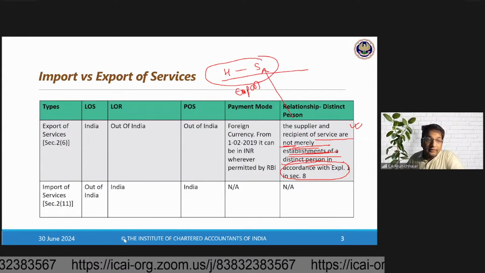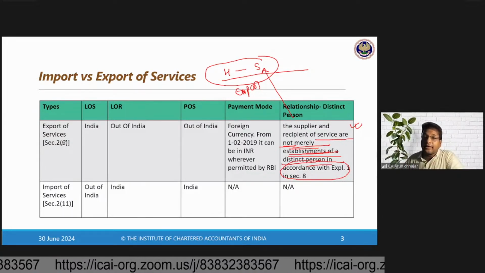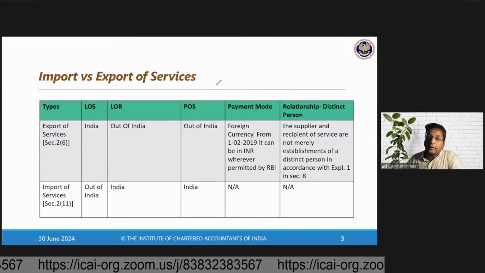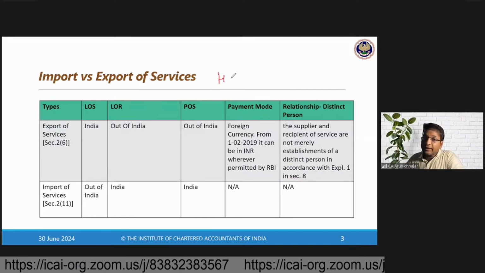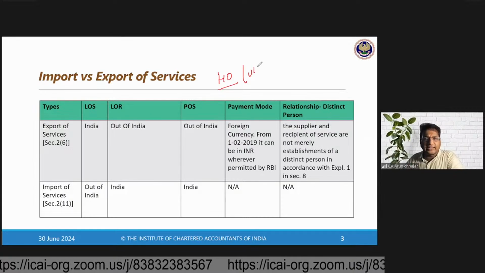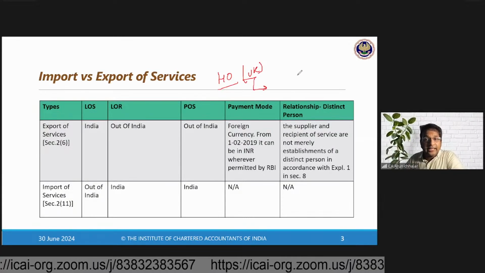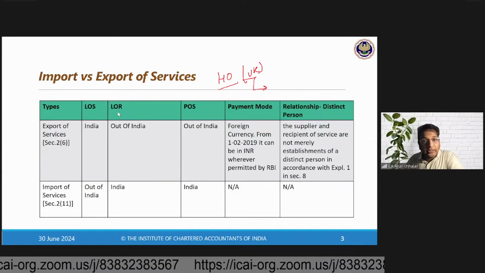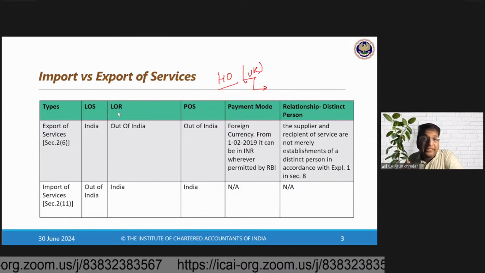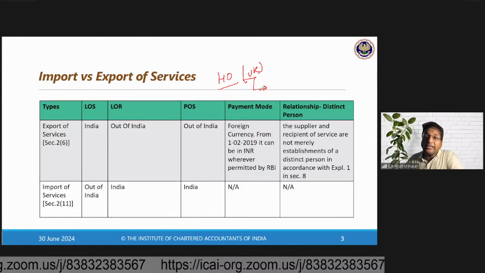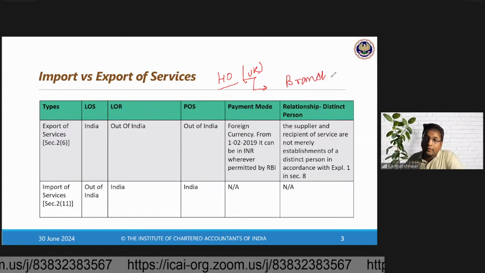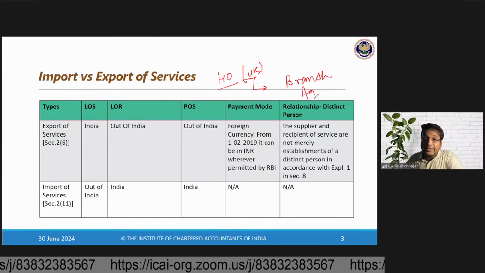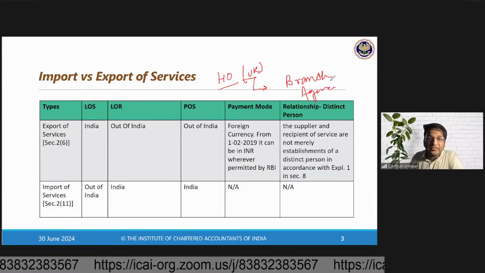Further, one relation, let's say the holding company, the main HO is located out of India, let's say UK, and they have set up in India not a separate private limited company. Might be they have done the setup in India as a branch, as an agency, or as a representative office.